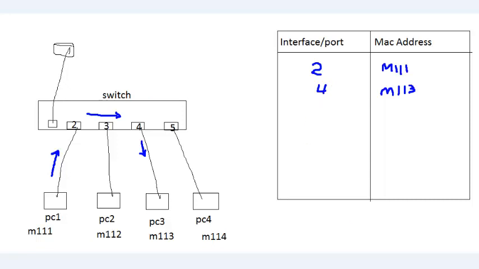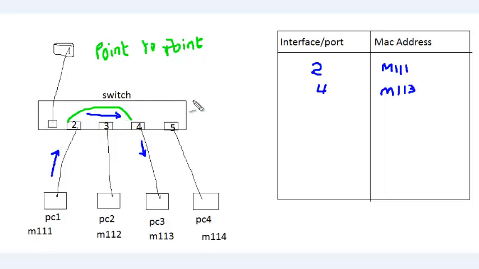Therefore, PC1 and PC3 have made a point-to-point connection. Later, if both machines PC1 and PC3 want to send data, the switch will not forward the packet to all ports.